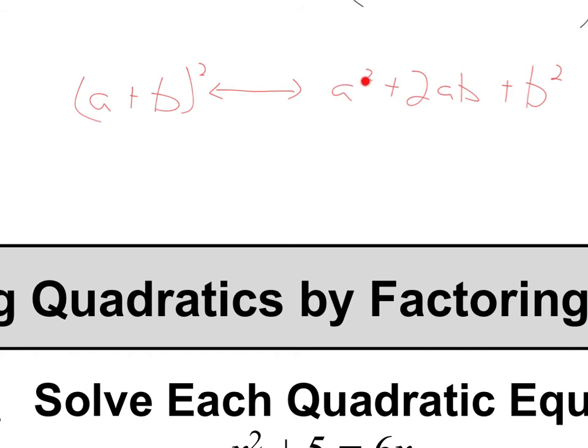So the a value is the square root of that first term. The b value is the square root of that last term. It's going to look the exact same if it was a minus, with just one slight difference. And that is the middle term, the 2ab value, is going to have a minus sign in front of it. That's the only difference.